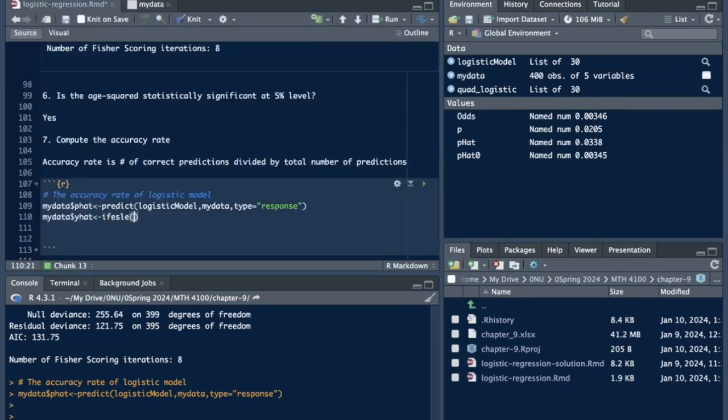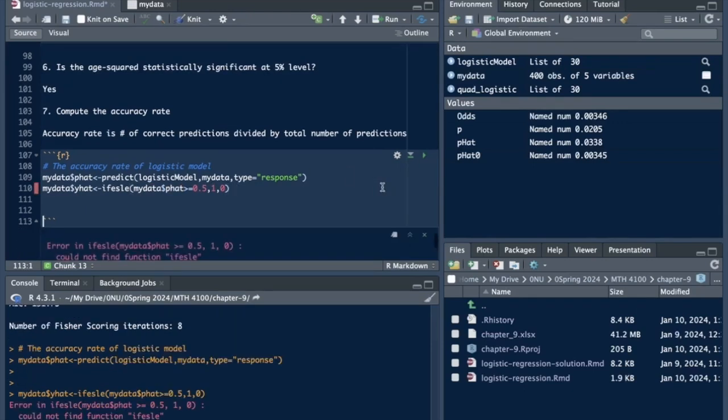Go to my data, go to p hat. First of all, look at the score. If it's greater than 0.5, return a value of 1, otherwise return 0. So we are adding a new column. R is going to go to my data p hat, and if it's greater than 0.5, it's going to put 1, otherwise it's going to put 0.